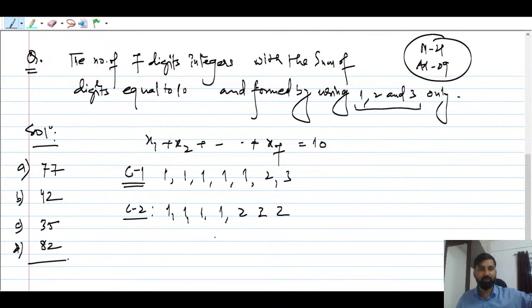You can take this combination. Now you might be thinking, can we take other cases? You can check, only these 2 cases are possible.